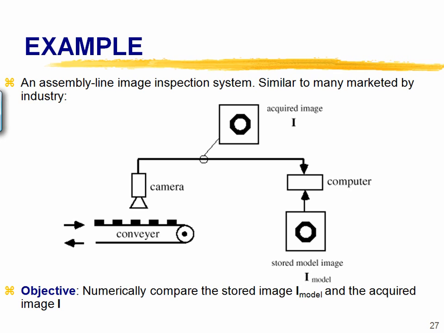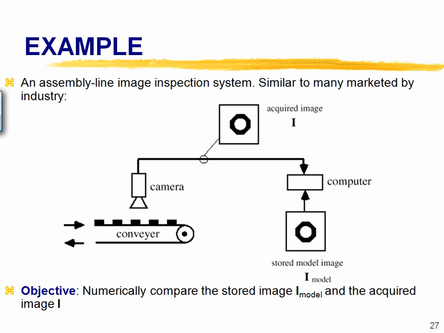So this is a simple application of binary image processing where, let's say, you have a mechanism to convert each of these images from grayscale into a binary image, right? This is what it looked like, and now you have to compare it to this particular binary image. So you have two images to compare, right? Let's call this I model, and let's call this just I, for the image that's acquired.